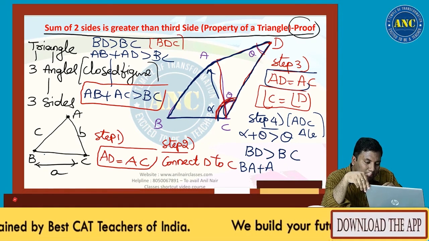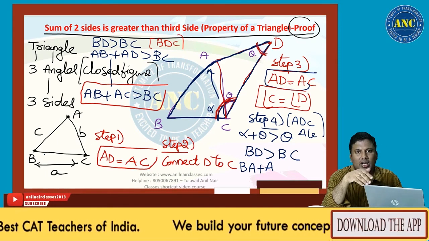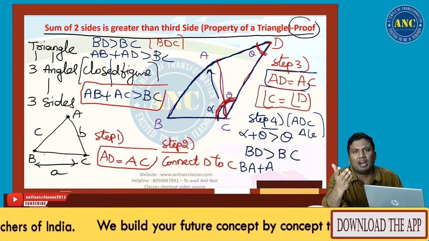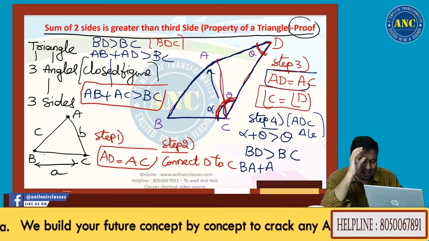Alpha plus theta must be greater than theta, because if you add alpha to theta, it is greater than theta.